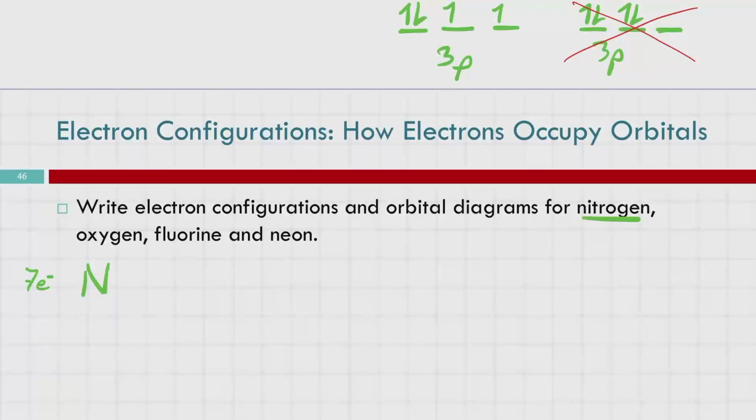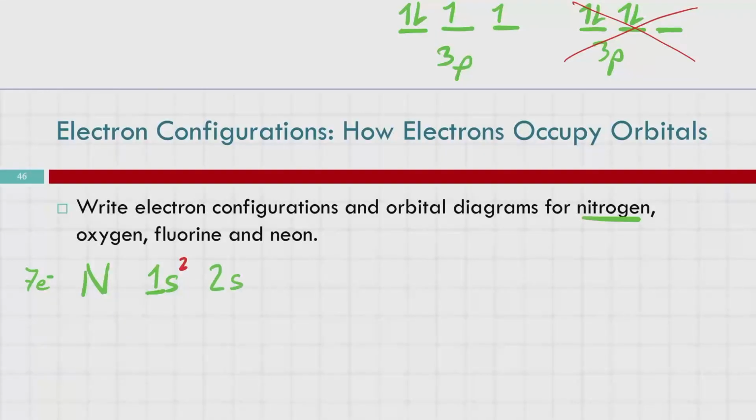And so its electron configuration, we've got 1s as our lowest energy orbital. And we can put 2 electrons into our 1s, so that fills it up, because we just have the one sphere shape. We've got one place to put electrons. We can put 2 total in 1s.